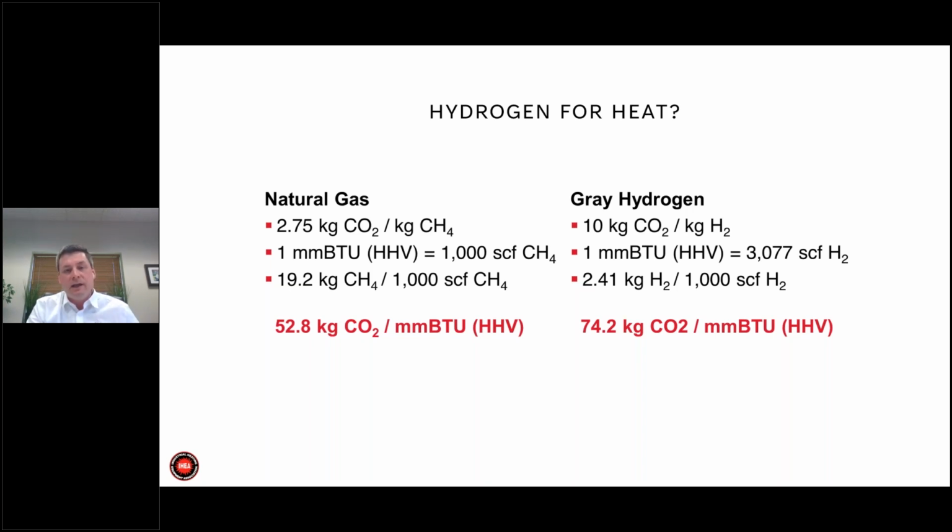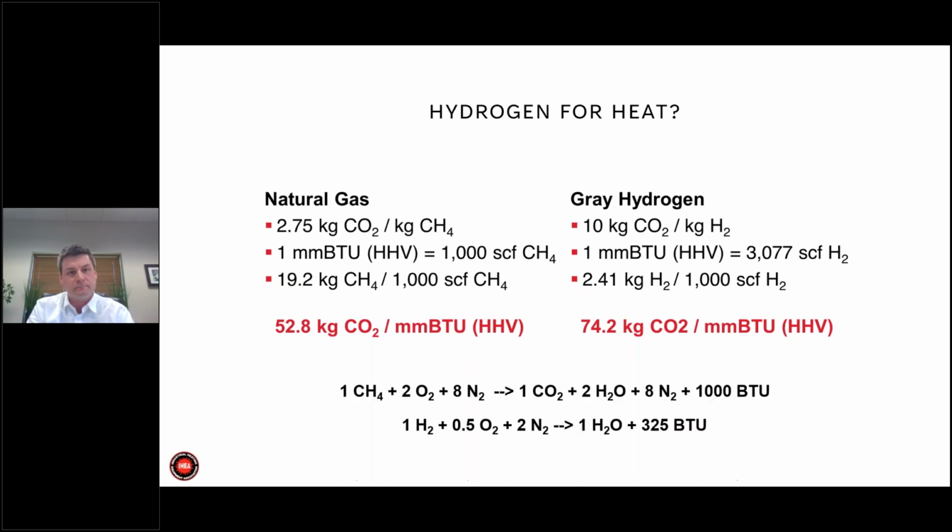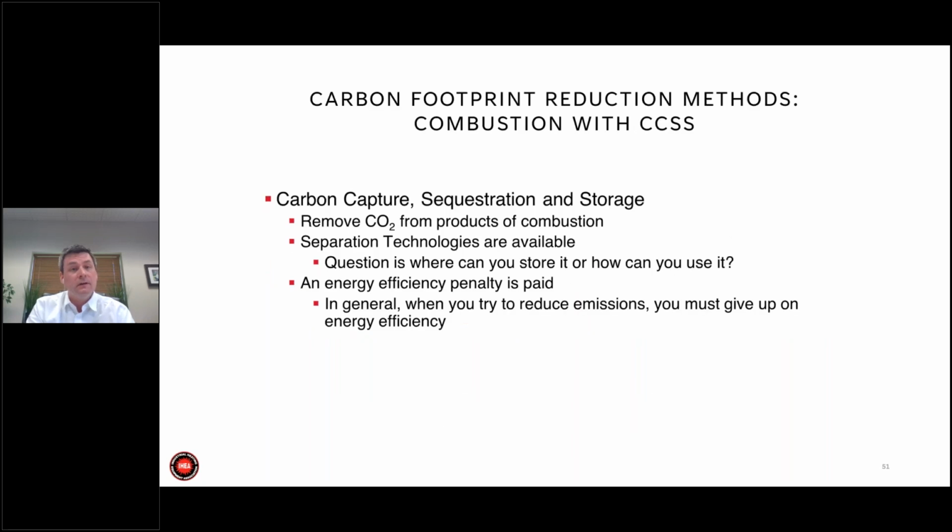All burner manufacturers these days build burners for hydrogen use as well as natural gas use. So hopefully over time, the production of hydrogen becomes much more efficient, and the amount of CO2 being emitted per SCF of hydrogen will come down. And that's just the chemical equations if you want to know the chemistry, but there you go.